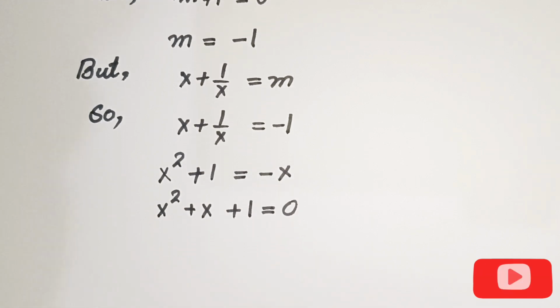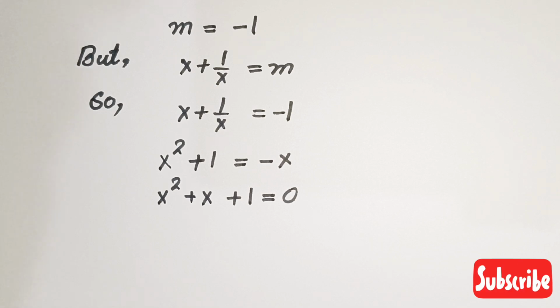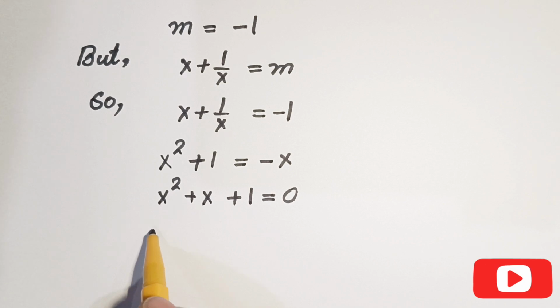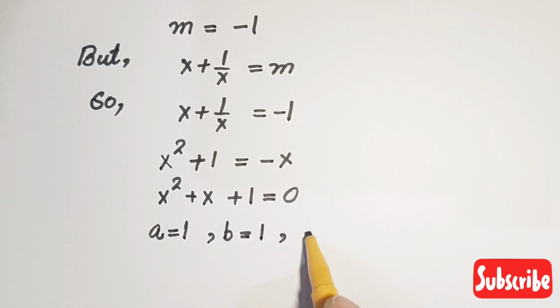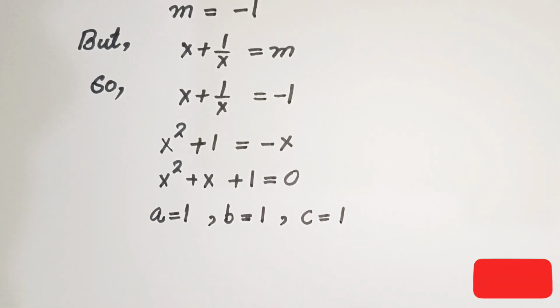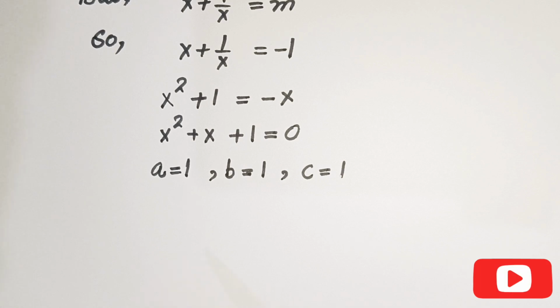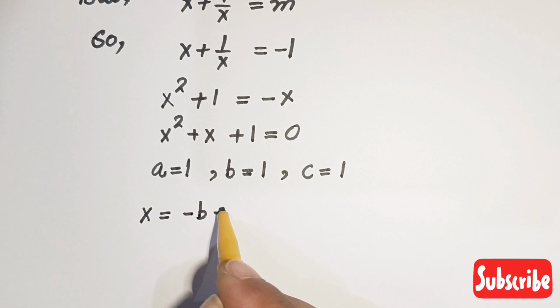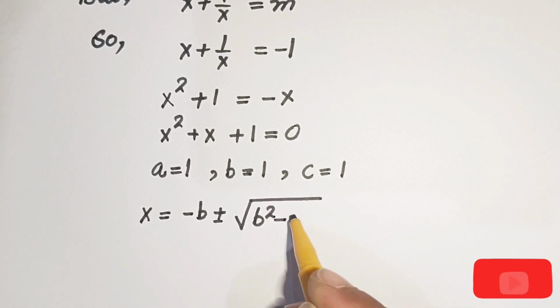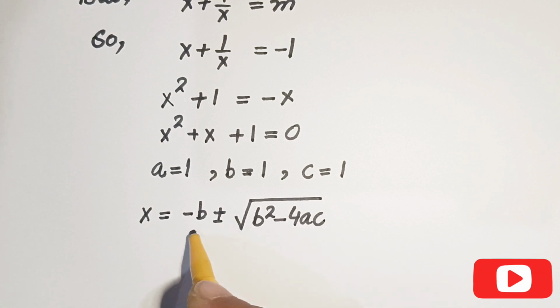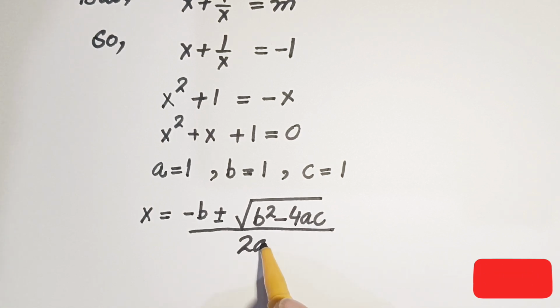Now it is a quadratic equation, so we have to solve this for x, and we are going to use the quadratic formula. Using the quadratic formula, the value of a is equal to 1, b is equal to 1, and c is also equal to 1. Now the quadratic formula, which is a very interesting formula, is x is equal to minus b plus minus square root of b squared minus 4 times a times c, all over 2 times a.